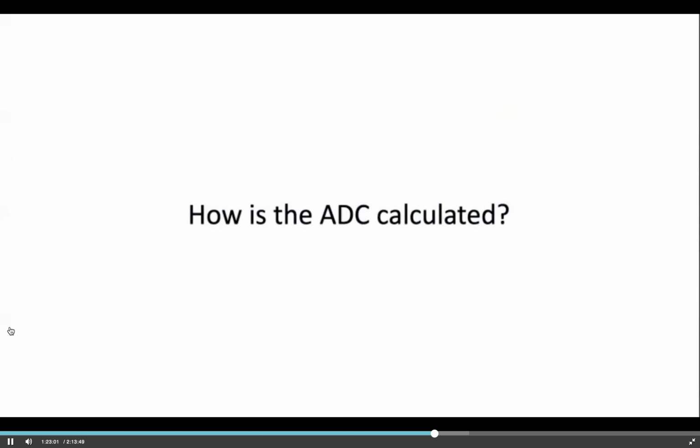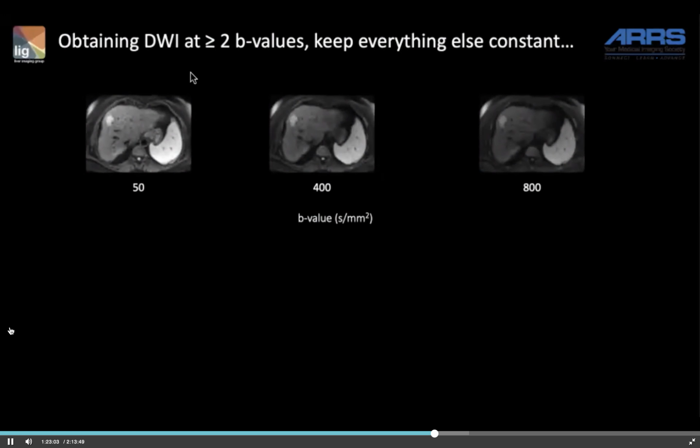How is the ADC calculated? Well, we obtain DWI at 2 or more B values. Shown here are 3 B values. As I mentioned just a moment ago, we no longer acquire the intermediate B values, and we only acquire the low and high B values, but in this particular case, I'm showing 3 B values.